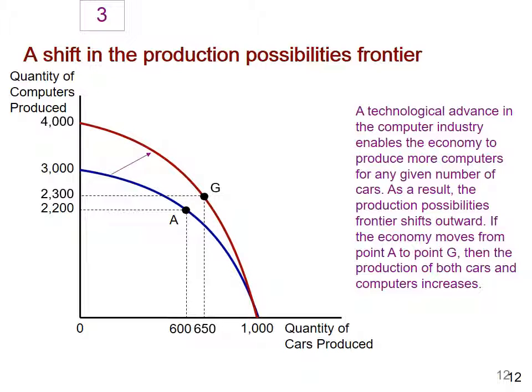Thus, as nations develop technologically, as they get better at producing goods and services, they can produce more and more goods and services. Also when they have increases in input. For instance, when the labor force increases, or when there is more capital, more machines, more resources, then also the PPF will shift out.